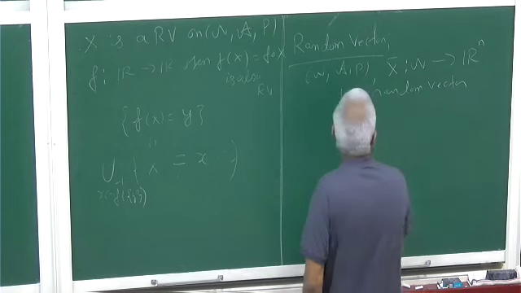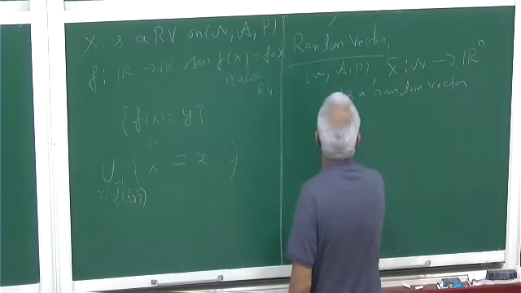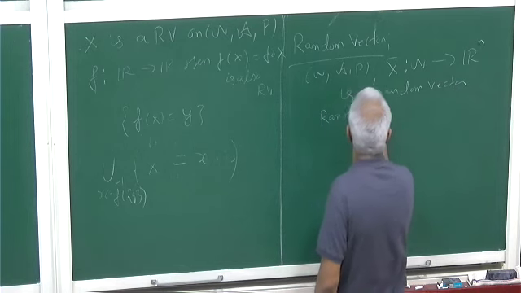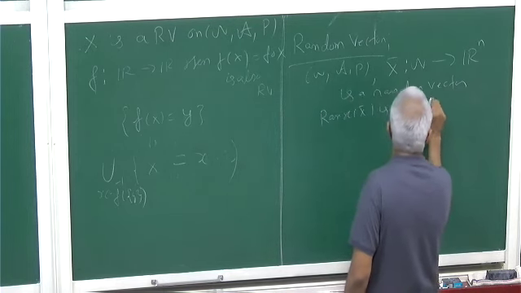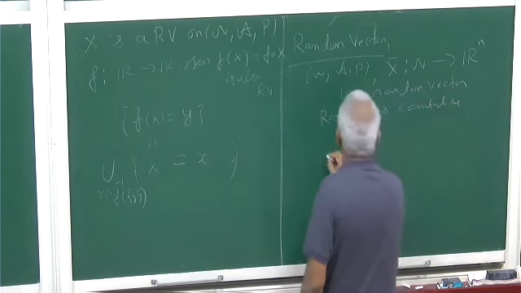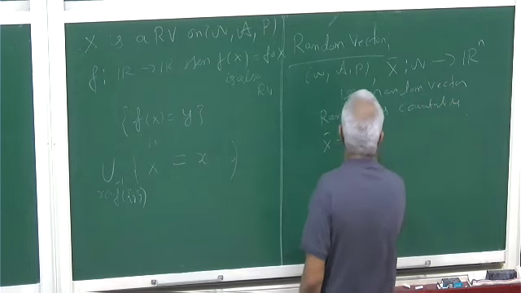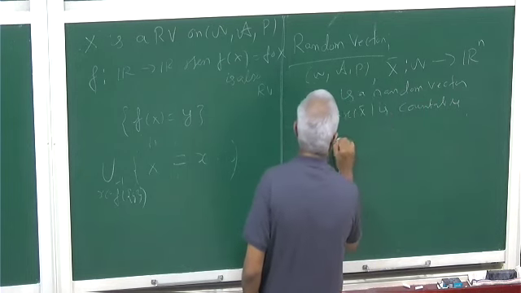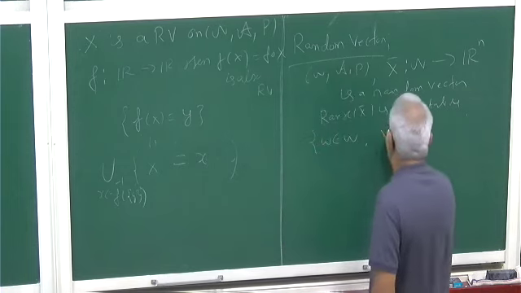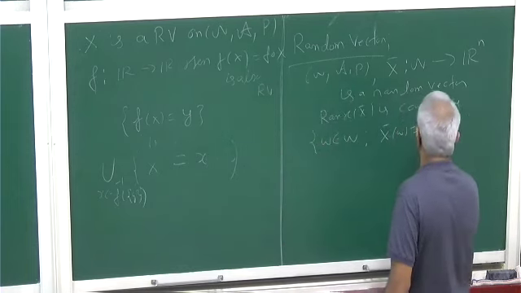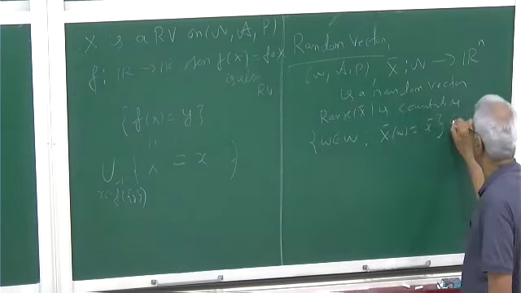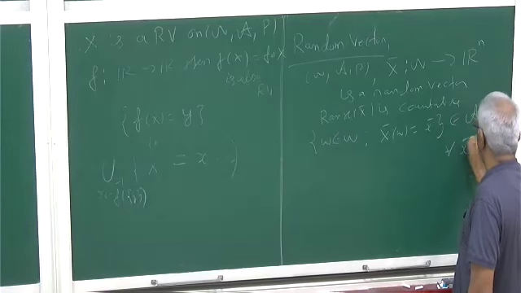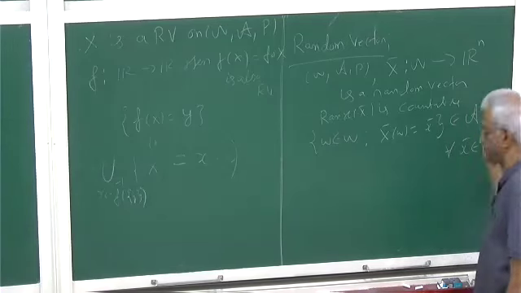But if it is not discrete, then you have to say that the range of X bar is countable, and the set of omega in omega such that X bar of omega equals some small x bar is in F for all x bar in Rn.